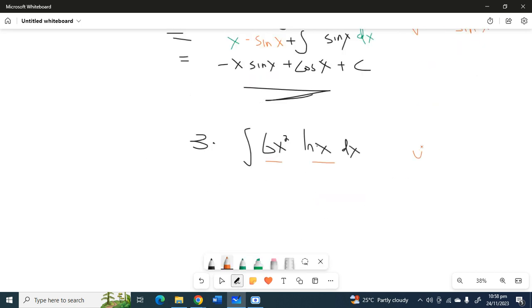So you say u equals the natural log of x. du: when we derive the natural log of x, we get 1 over x dx. All right, so our dv is going to be 6x squared dx.